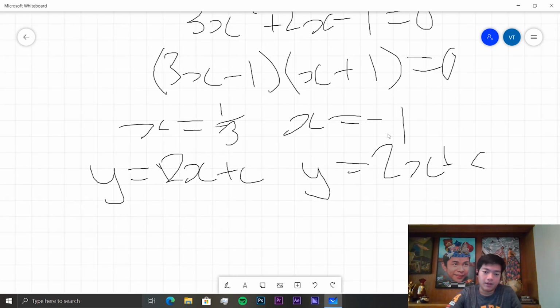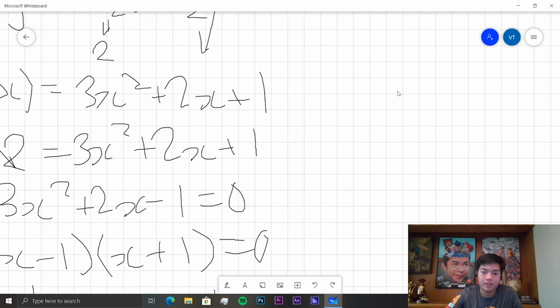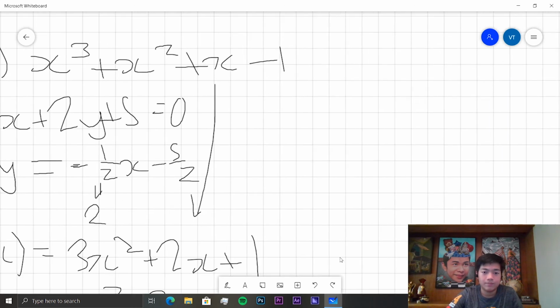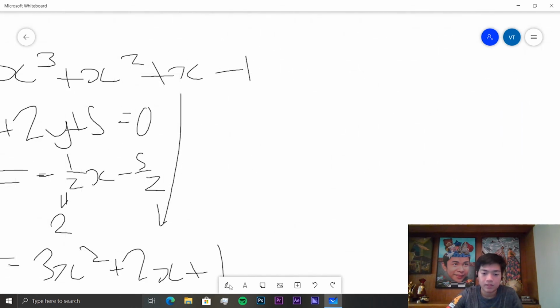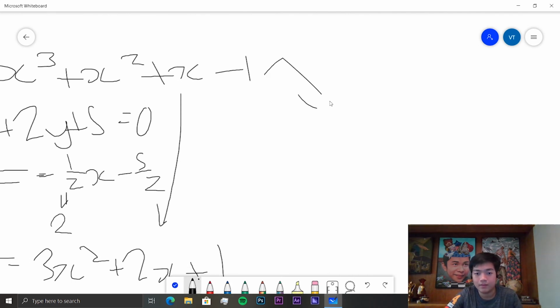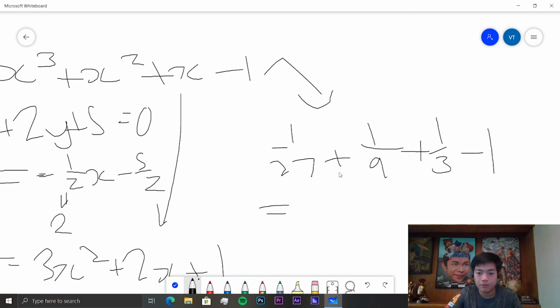And so let's substitute 1/3 into the original equation first. So this pops out 1 over 27 plus 1 over 9 plus 1/3 minus 1. So this will be equal to 1 plus 3 plus 9 minus 27 over 27, which is negative 14 over 27.